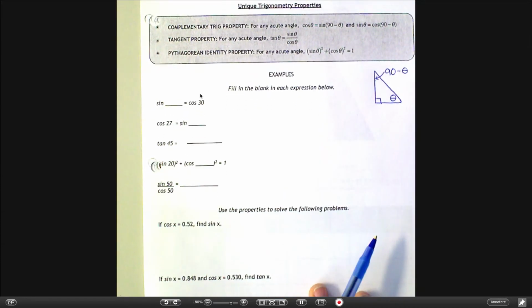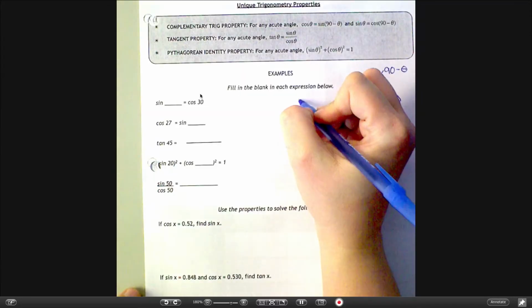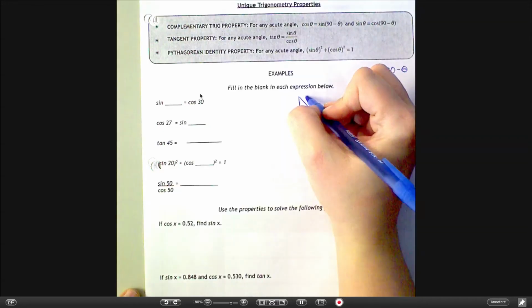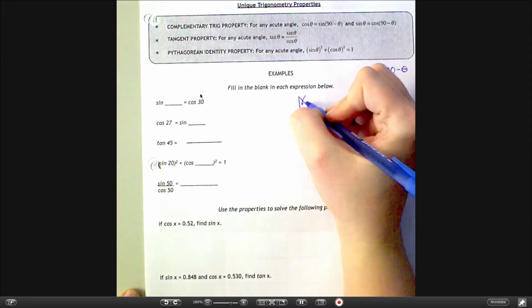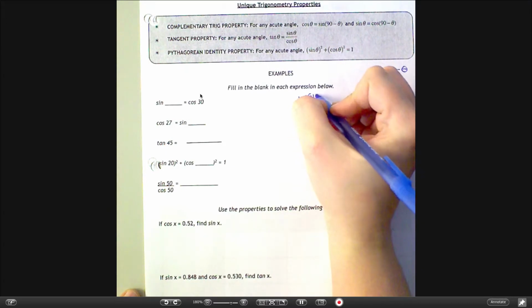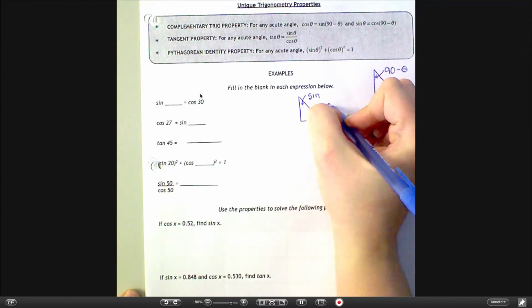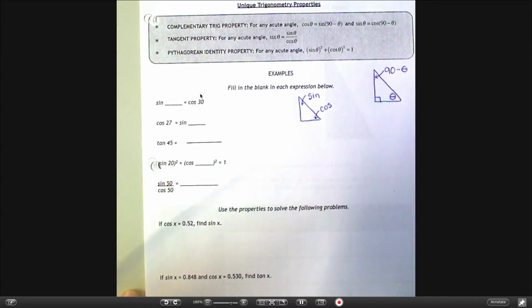So, I want to know sine of what angle would be equal to cosine of 30? Well, remember that in a triangle, the sine of one angle matches the cosine of the other angle. Okay, that's what that first property is talking about.